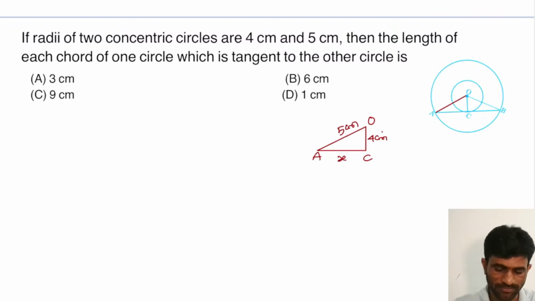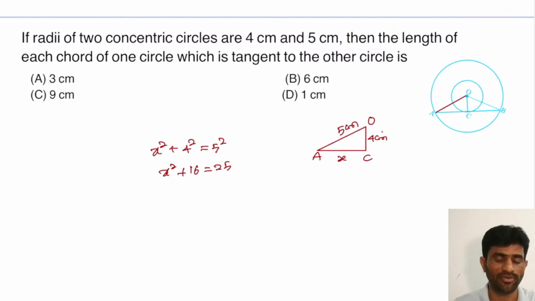According to the Pythagoras theorem, x square plus 4 square is equal to 5 square. So x square plus 16 is equal to 25. So x square is equal to 25 minus 16. So x square is equal to 9.